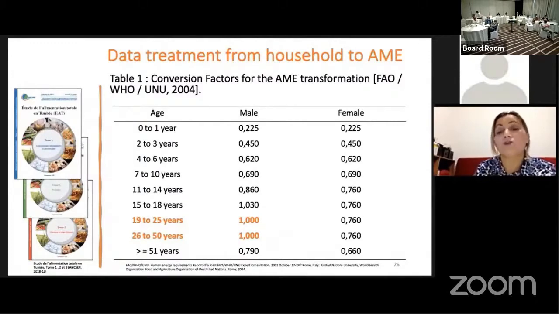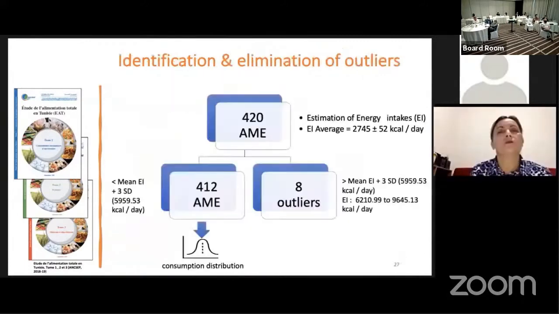So, for example, for a young child from 2 to 3 years, if it is a boy, the factor was 0.45, and the same for a girl. And you can see that in these tables, the adult male equivalent that has a factor equal to 1 is a man from 19 to 50 years.